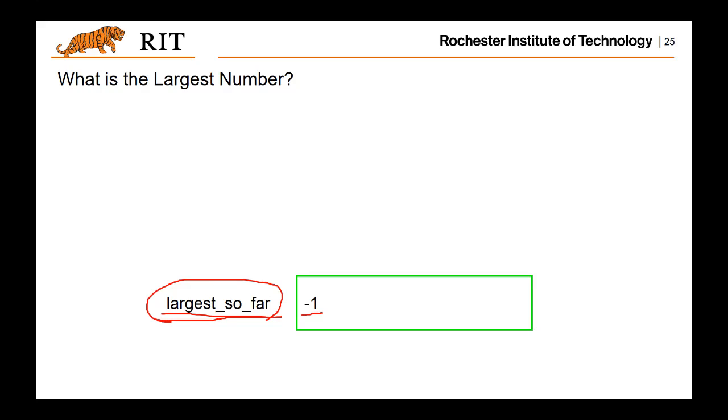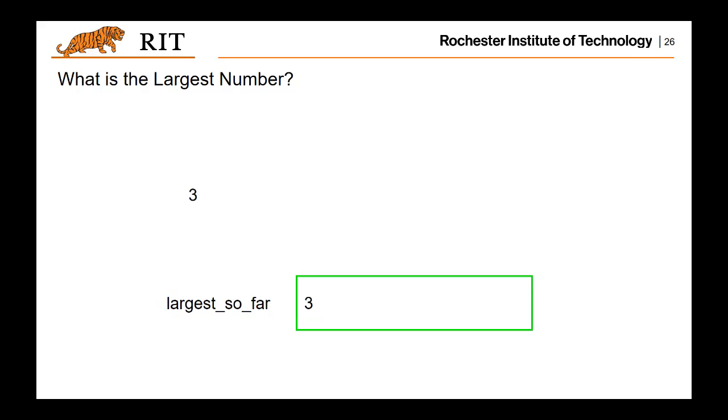And with the new value, this variable will be compared with another element inside the array in the next step. And this will be repeated again and again until the whole array is gone through. So that's the idea for finding the largest number in an array.